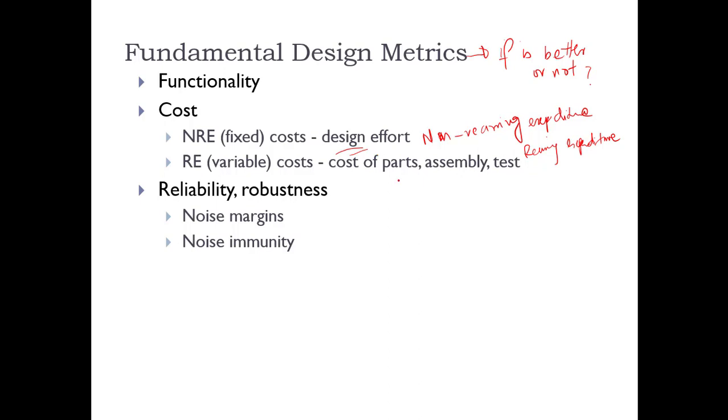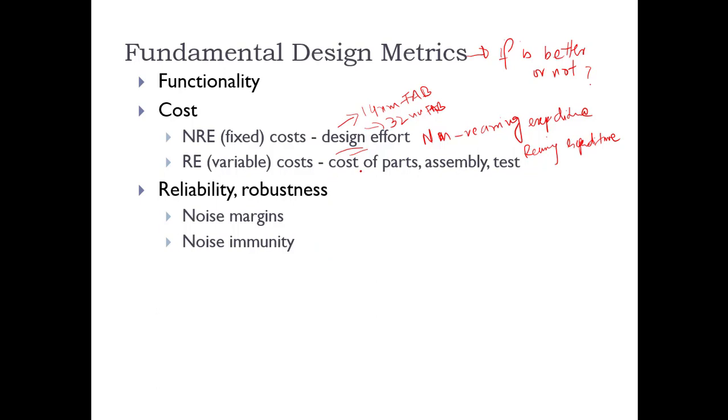Also the fabrication plant. For example, I told you before that a 14 nanometer fab is different from, let's say, a 32 nanometer fab. So it costs to develop these fabs. So that is also NRE cost.